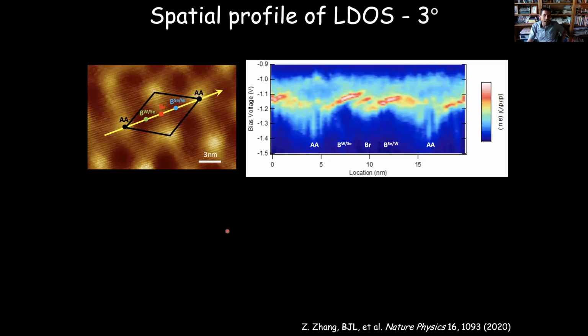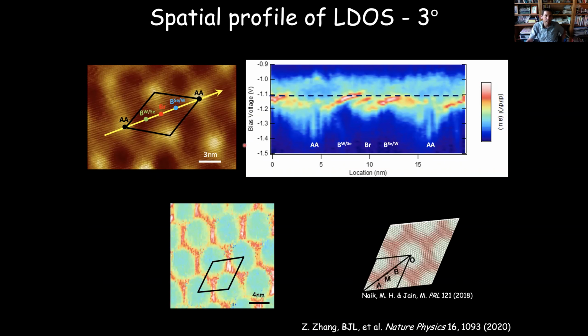But the interesting thing happens if you actually look spatially at what's happening in these structures. So we're just going to move along this yellow line and take a density of states as a function of position along there. The color scale is the density of states, white is high density of states, blue or black is low density of states. And you'll see there are these white spots showing up at certain locations in real space where the density of states is high.